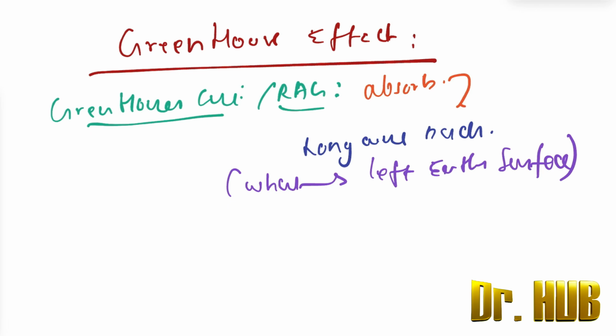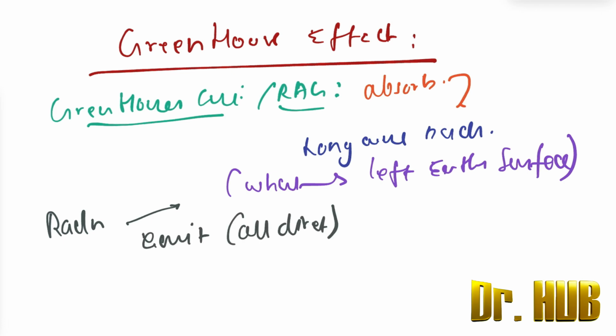They emit radiation in all directions, and some of it comes towards the Earth's surface. This raises the Earth's temperature.